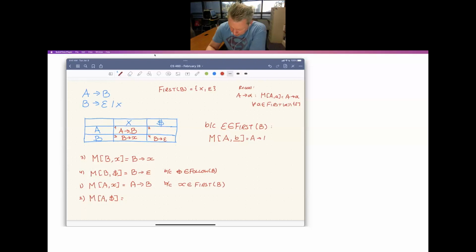It's not correct. We need to let b go to epsilon, so we'll do that for all b in the follow of the left hand side, which is a. So what is the follow of a? Well, I think it's just dollar, isn't it? So we get a goes to b because dollar is in the follow of a. So we get a goes to b there as well.